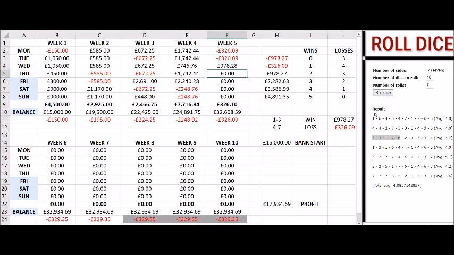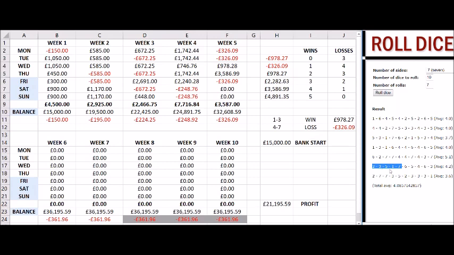So let's carry on. So on to Thursday. So Thursday there were 3 wins. So 3586.99. Then Friday is a loss of 326. Moving on to Saturday. 1, 2, 3, 4, 5.